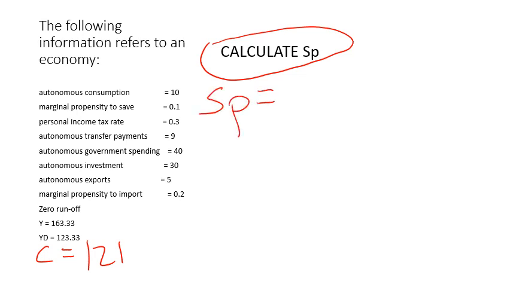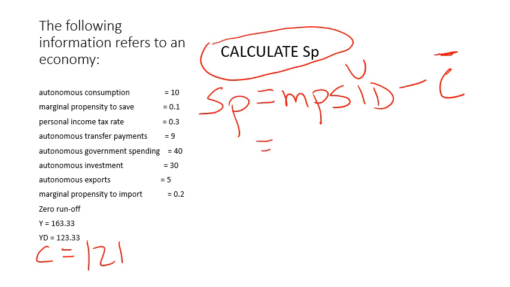SP is equal to the marginal propensity to save out of disposable income, and from this we have to subtract autonomous consumption. Our answer should be the same, 2.33. Let's see. What's MPS? 0.1. There it is. What's disposable income?